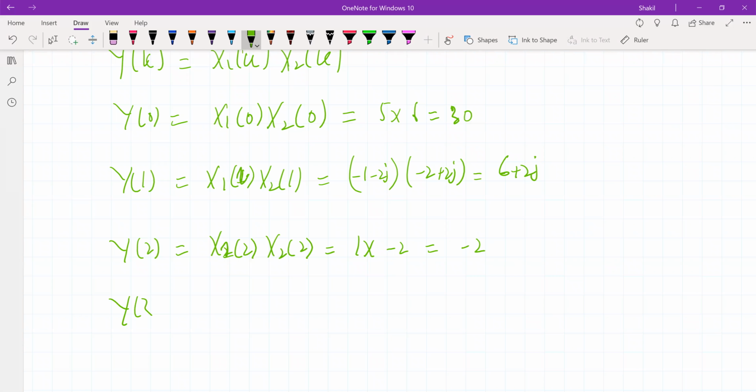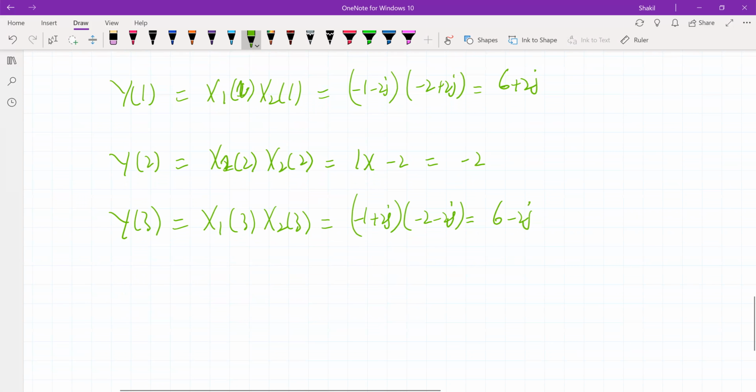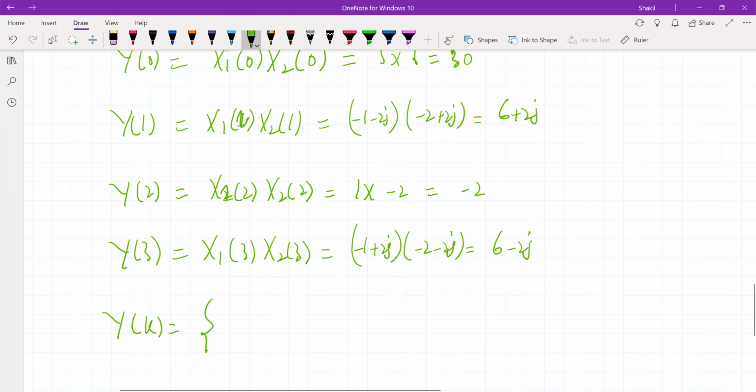Then Y of 3 is X1 of 3 times X2 of 3, applying the corresponding terms means minus 1 plus 2j and minus 2 minus 2j. When you multiply this, it will be 6 minus 2j, right? So our Y of k is simply, what is Y of k?